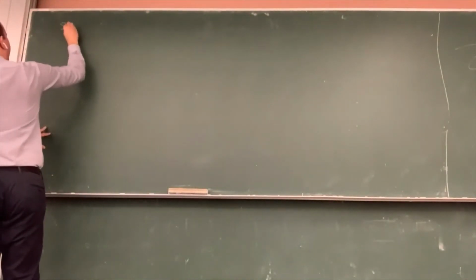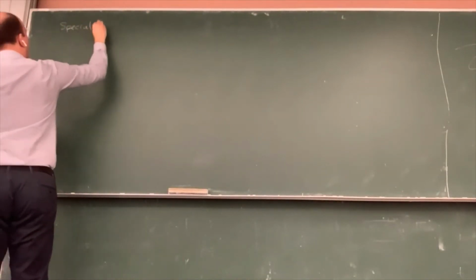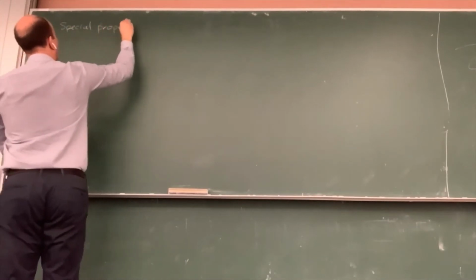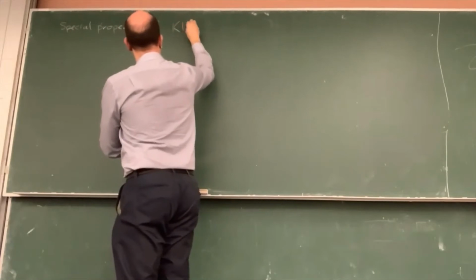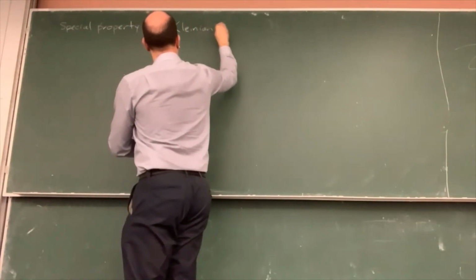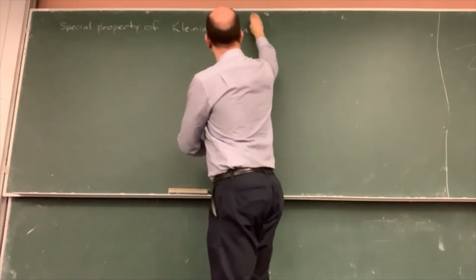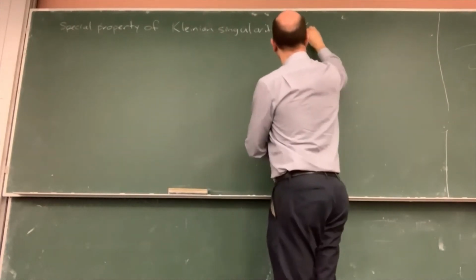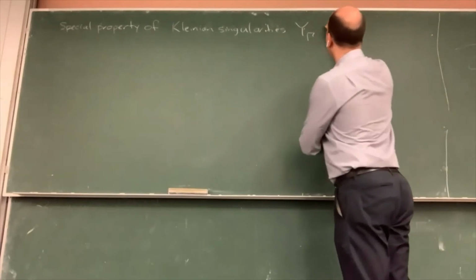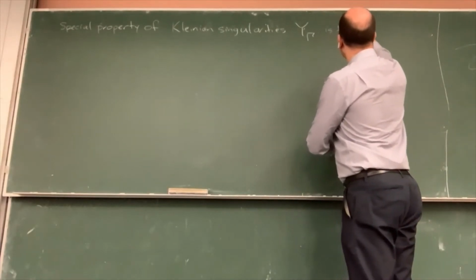So the special property of the Kleinian singularities Y gamma is that they are normal.